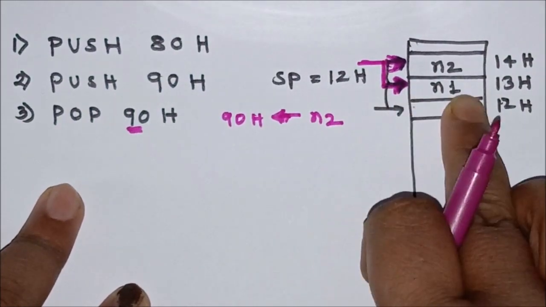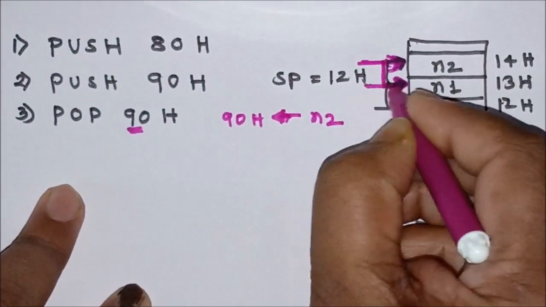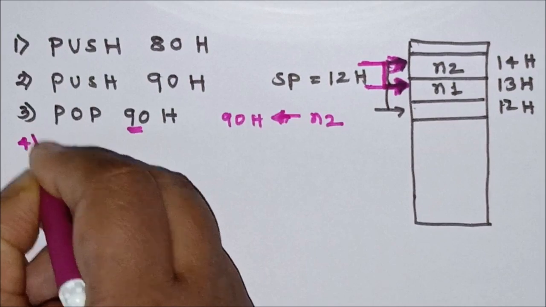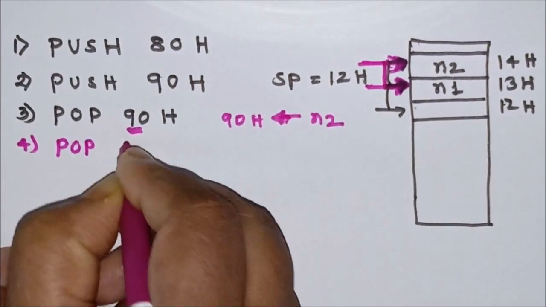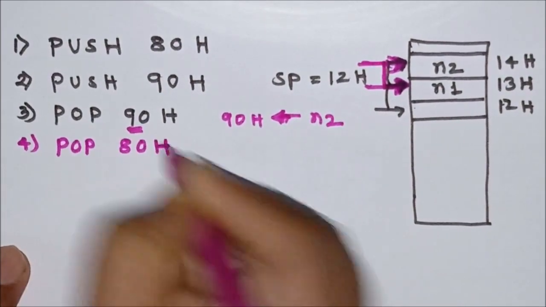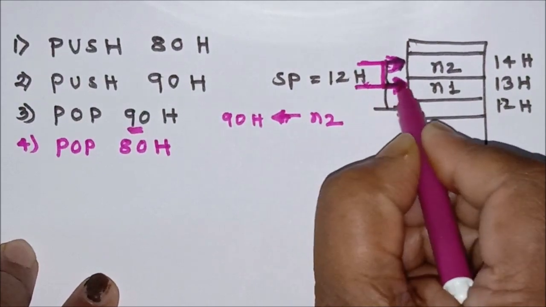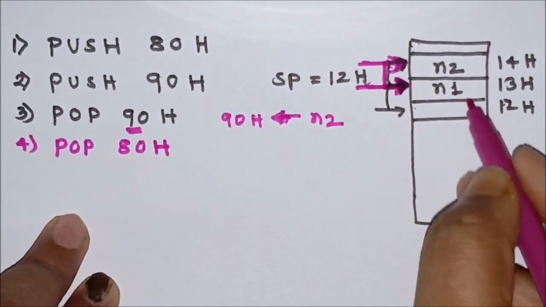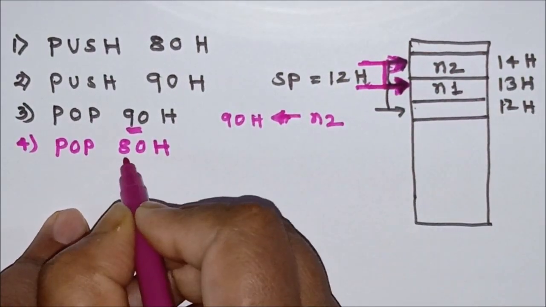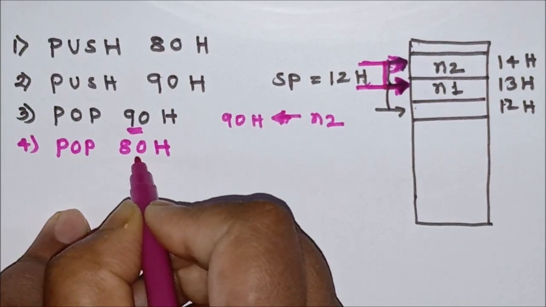So now stack pointer is pointing to this memory location, and I'll write next instruction as pop 80H. So stack pointer is at this memory location. It will read a data from this memory location and store it at address 80H.